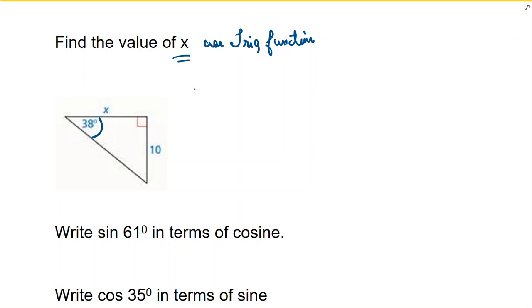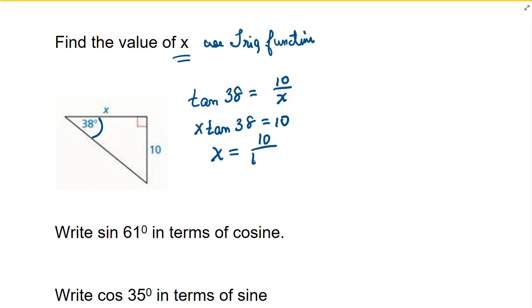So this is a tan of 38 equals the ratio, a fraction, of 10 over X. I'm going to multiply by X, and then divide by tan of 38. This will give me what X is.